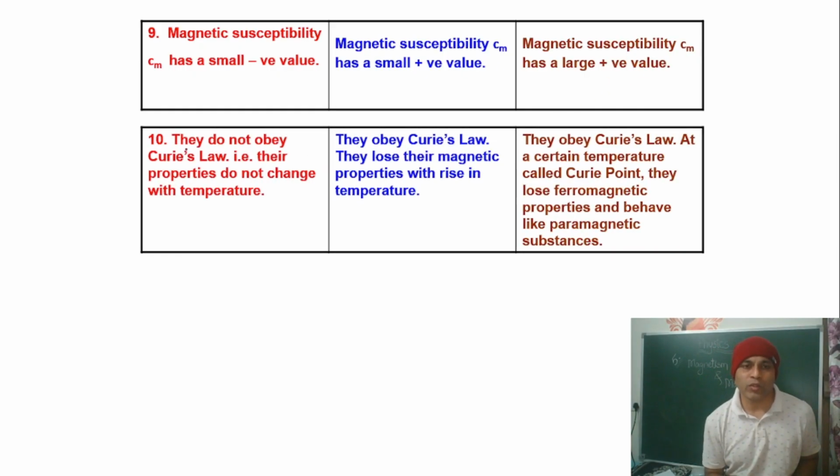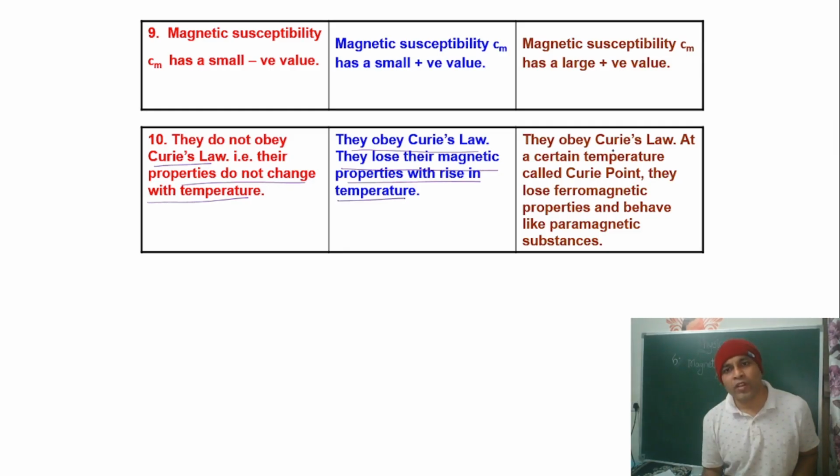Diamagnetic materials do not obey Curie law; their properties do not change with temperature. Paramagnetic materials obey Curie law; they lose their magnetic properties with rising temperature.